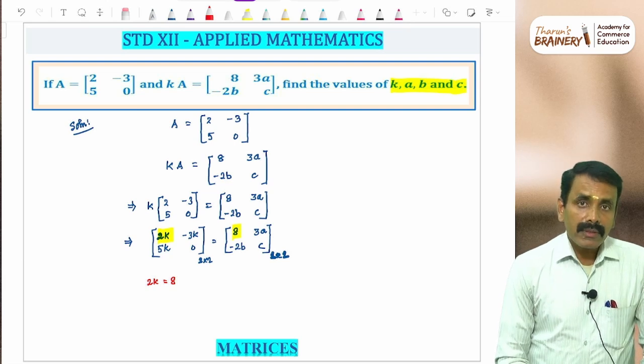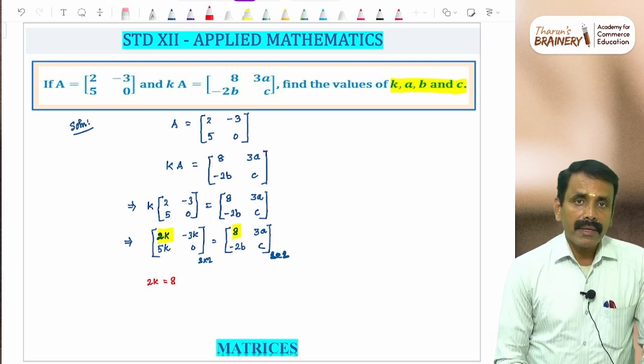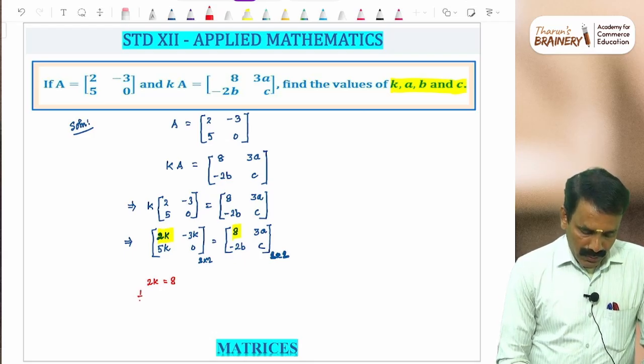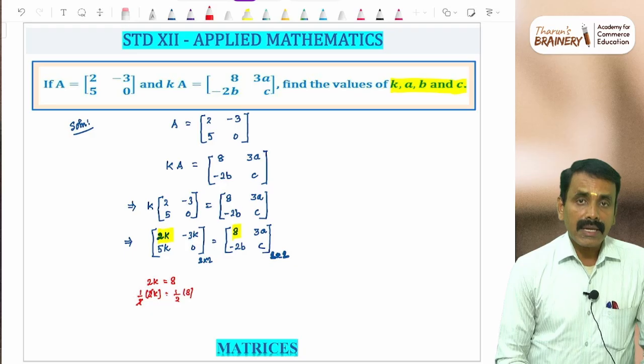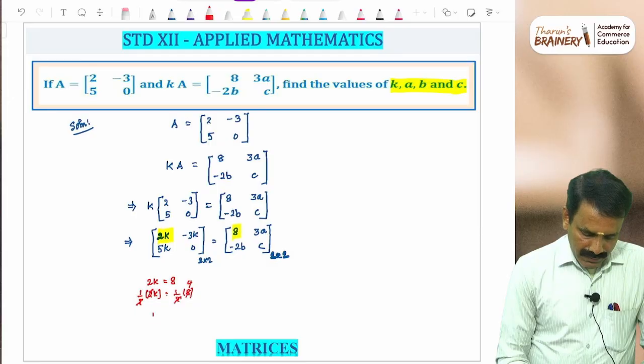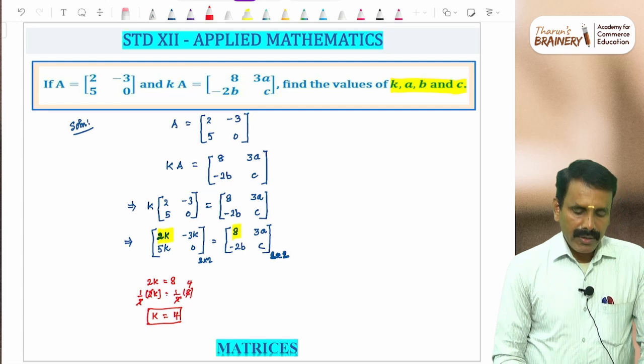How to remove it? We know already, correct? We multiply by the multiplicative inverse of 2. So 1/2 into 2k will be equal to 1/2 into 8, by which the 2 on the left hand side is cancelled. On the right we cancel this 2 with 8, giving 4. So we get k equal to 4. We got the value for k.